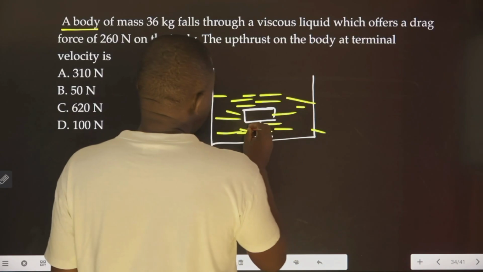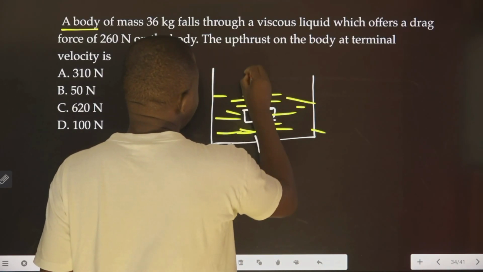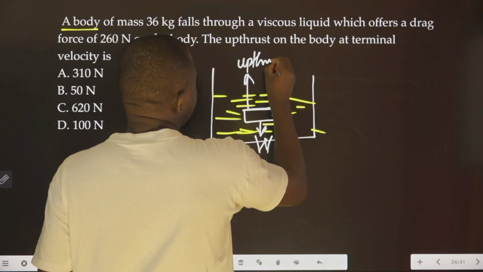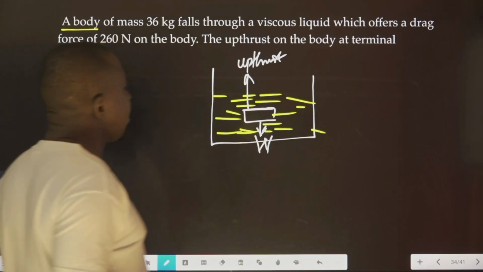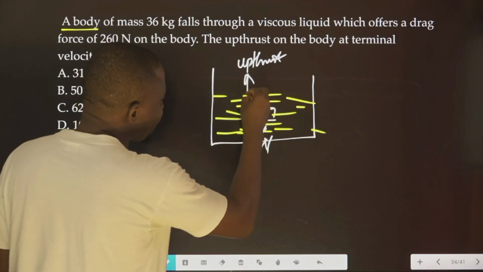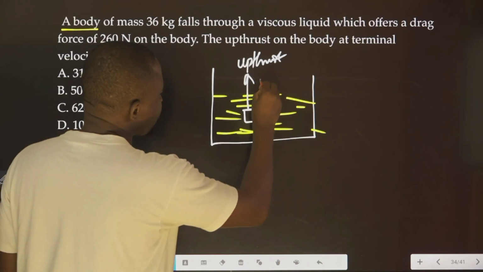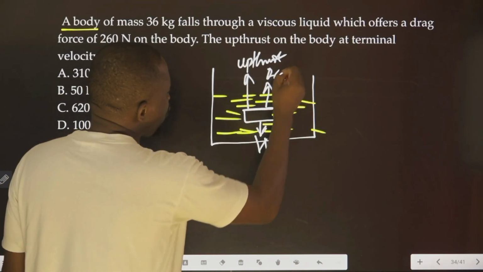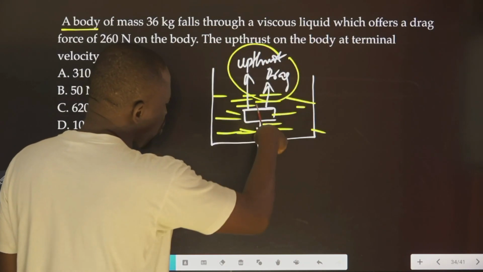Okay? There is an upthrust on it from this liquid, and also we have the drag. What this means is that these two will combine to oppose this.